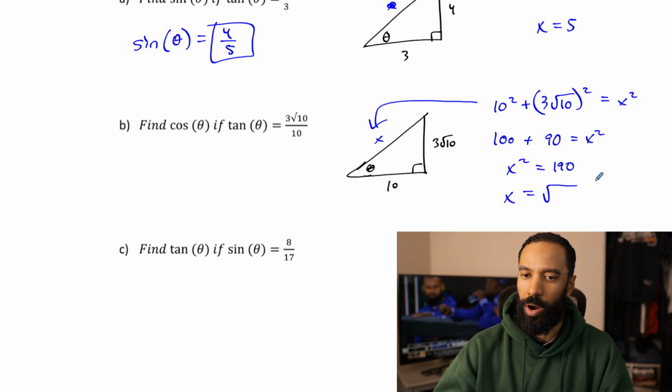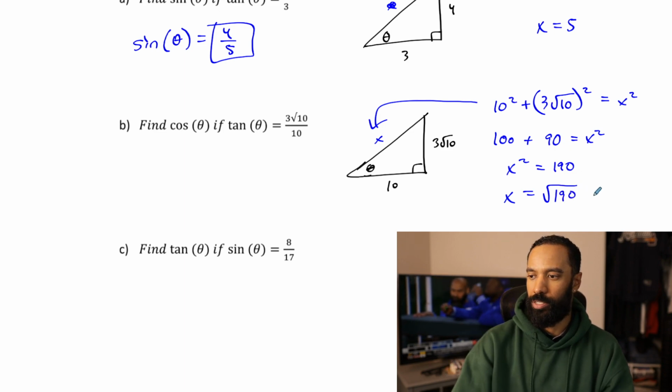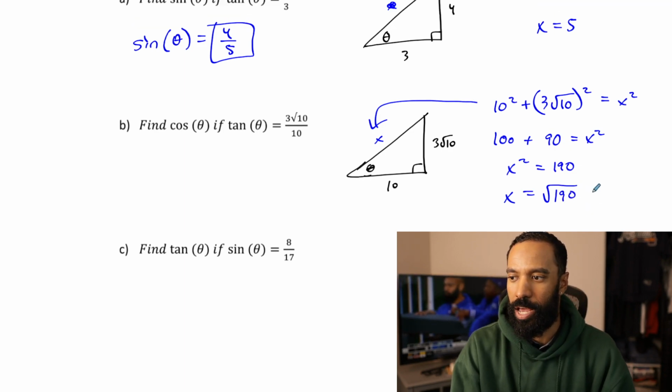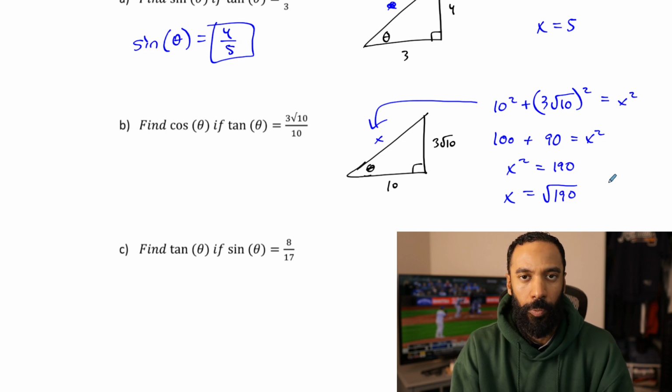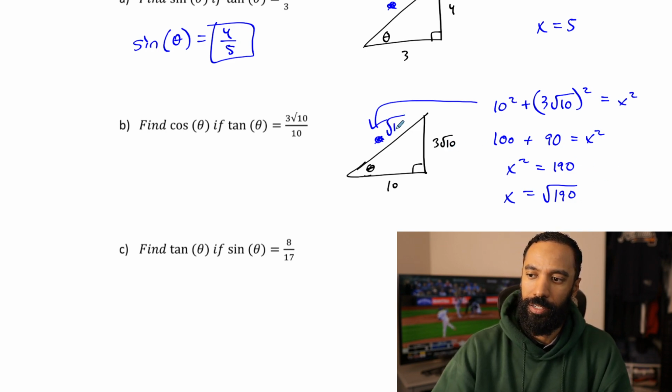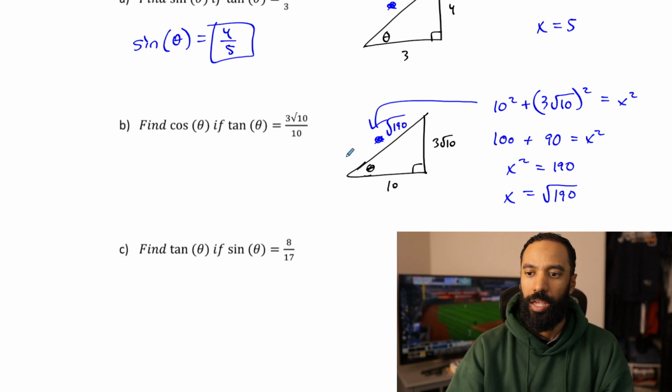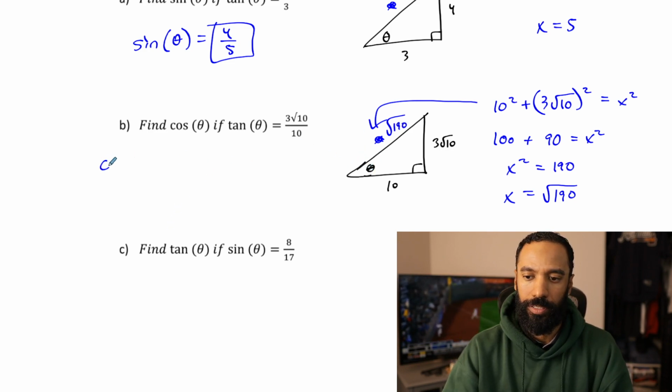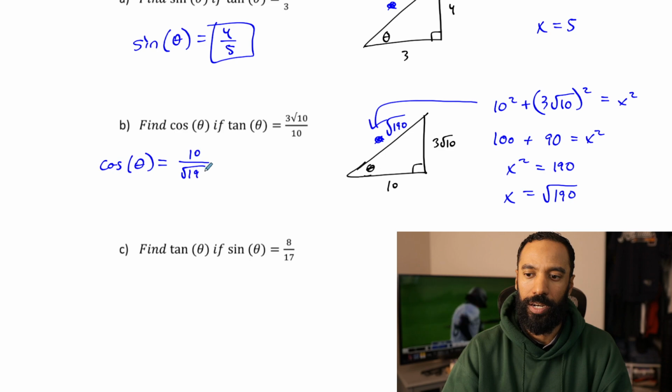So x is the square root of 190, which, to my knowledge and the knowledge of math, cannot be simplified any further. We'll leave it as root 190. So this is root 190 here. Cosine of this angle, theta, is adjacent over hypotenuse, 10 over root 190.